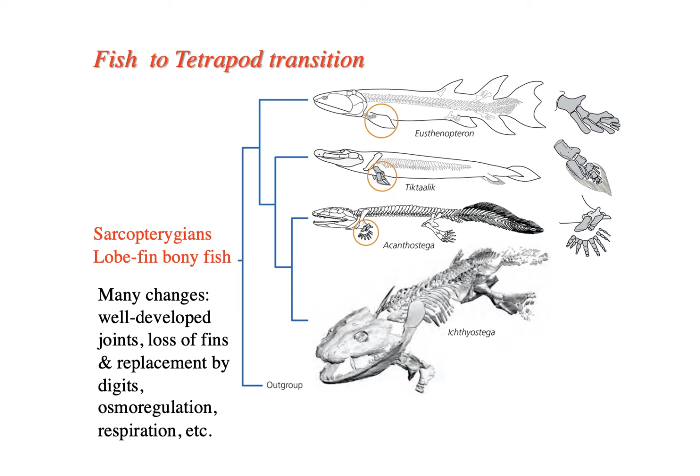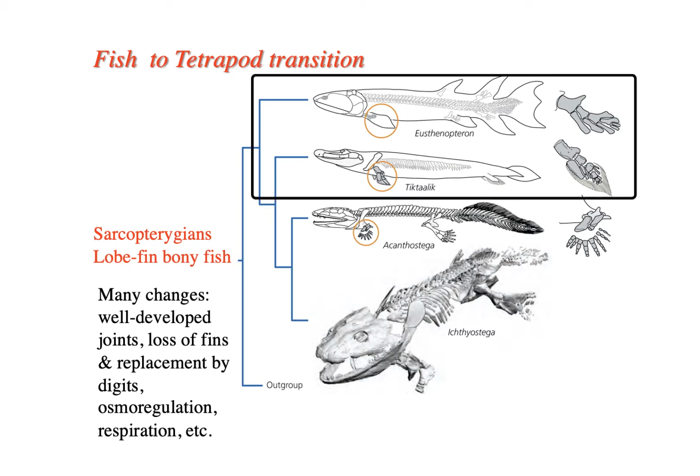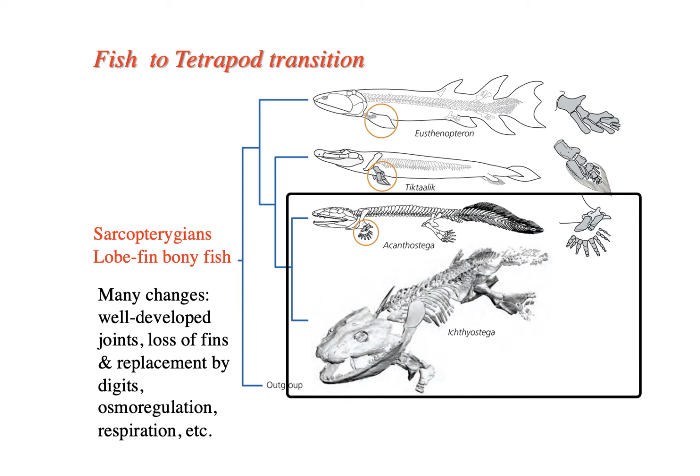So you have this progression from ray-finned fish, which aren't shown here, and then these lobe-finned fish where you have more foot-like structures with some fins coming out, finally with more distinct appendages coming out with toes and then legs, and eventually legs and arms in some organisms, and legs and wings in some of the organisms, such as birds as well.